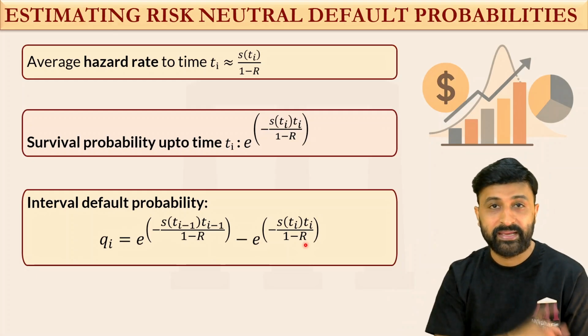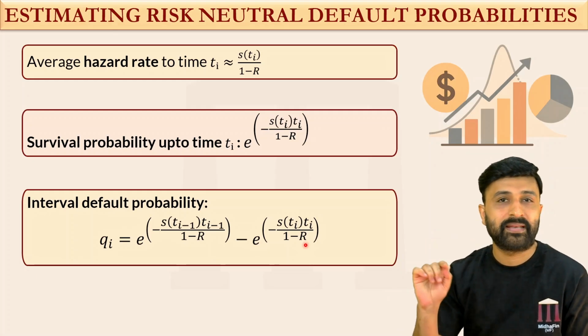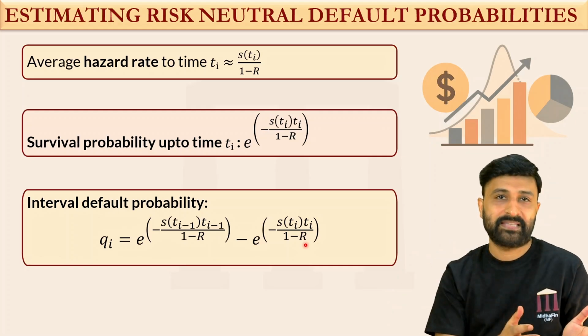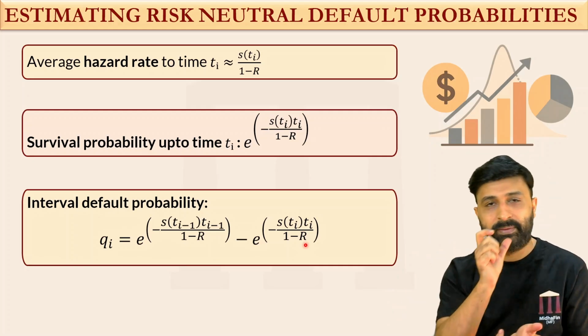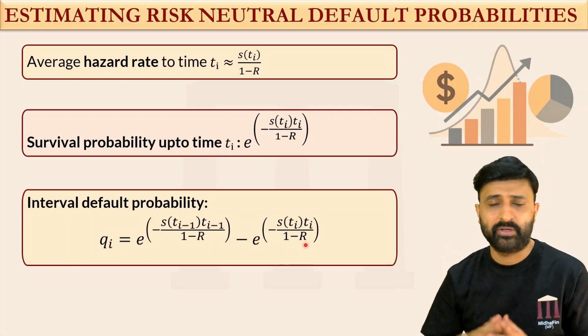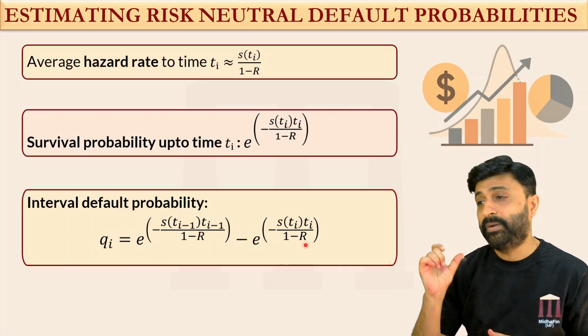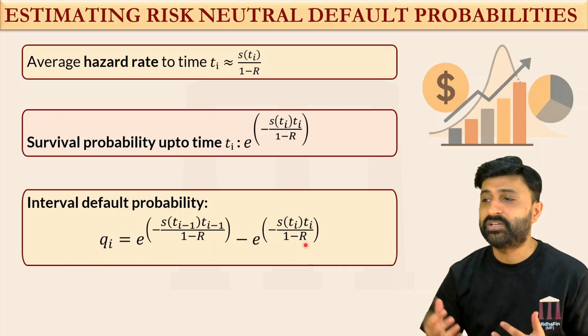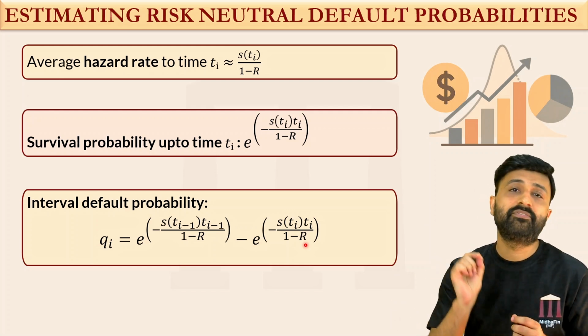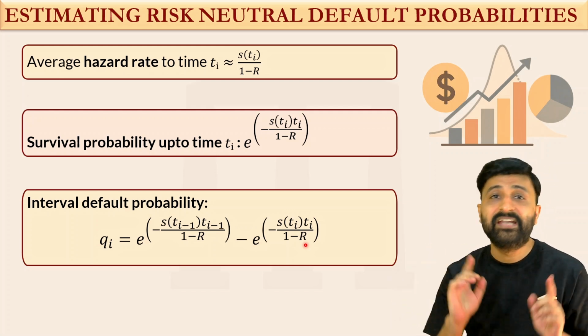If you remember, e raised to the power minus lambda 1 T1 minus e raised to the power minus lambda 2 T2. Of course, if lambda is the same, then it will be lambda in both terms as a power of e. But this is the idea that we repeatedly use to find out the default probability in an interval.